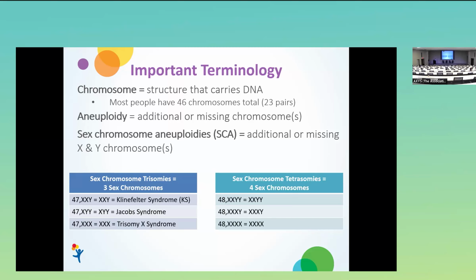These can refer to Klinefelter syndrome or XXY, Jacob's syndrome or XYY, and then trisomy X. But we can also see commonly sex chromosome tetrasomies, tetra being 4 sex chromosomes, where we have XXYY, XXXY, or XXXX as examples.